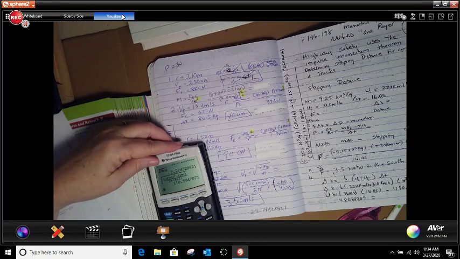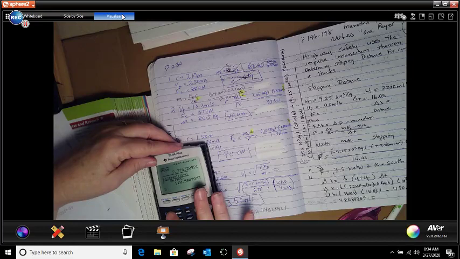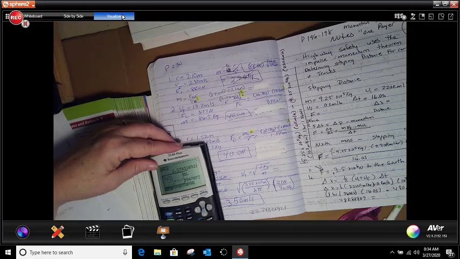So let's think here. Let's try this. Let's do square root. Let's do alpha y, enter. Let's do 3.25 times 10 caret 3 down, and then our 2 pi.